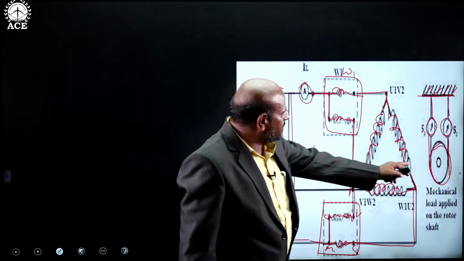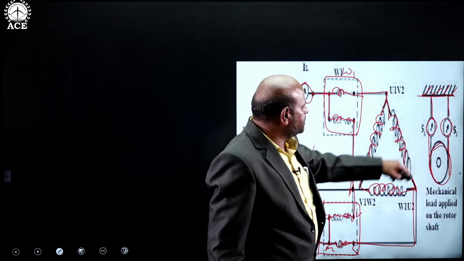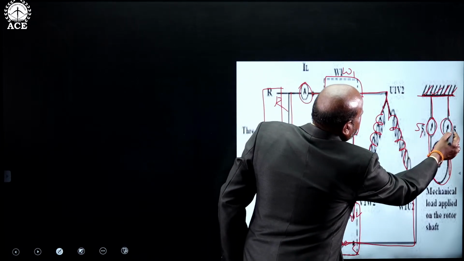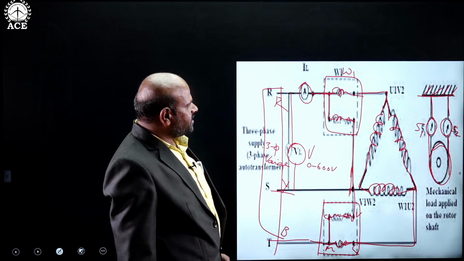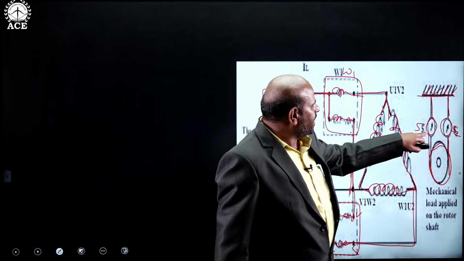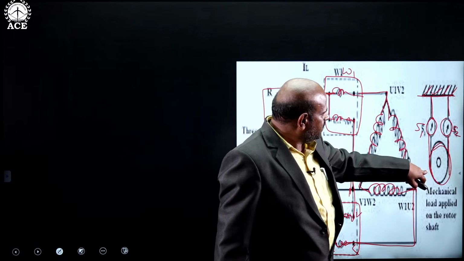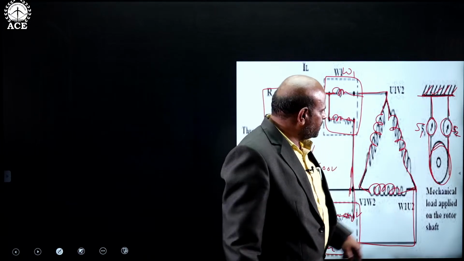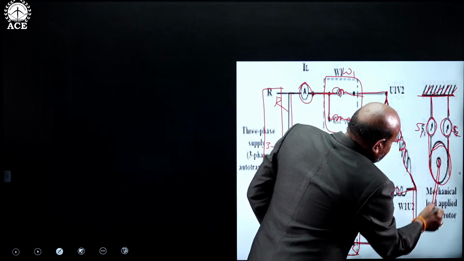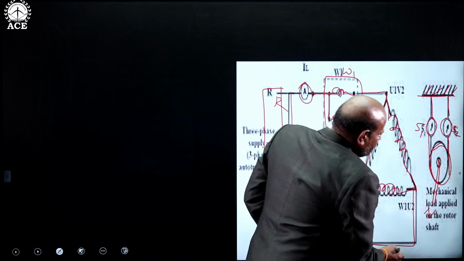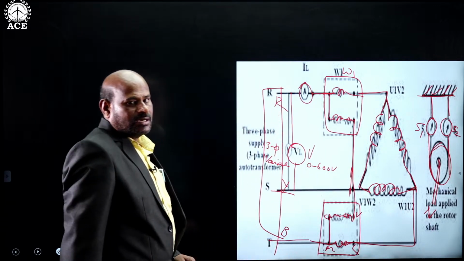Whenever it is loaded with certain weights, indicated by S1 and S2, the difference can be measured, and the torque of the machine and the speed can be noted down. The speed of the rotor is noted using a tachometer.